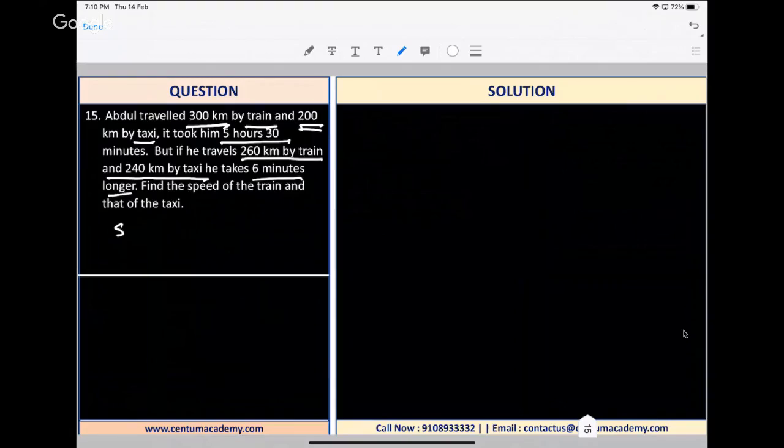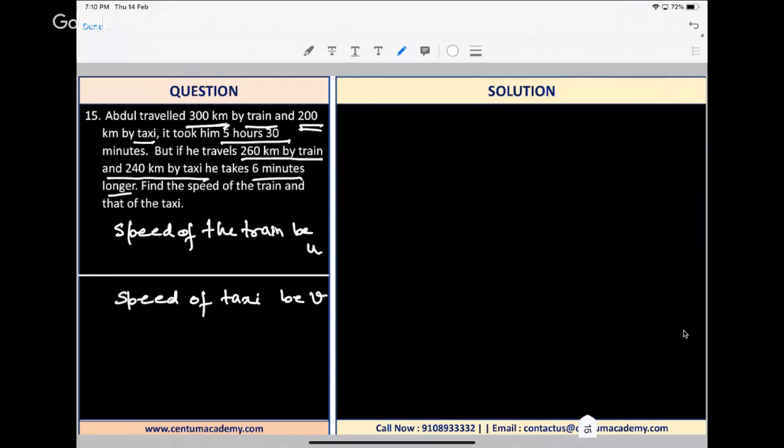So let's say speed of the train be u, and speed of the taxi be v.